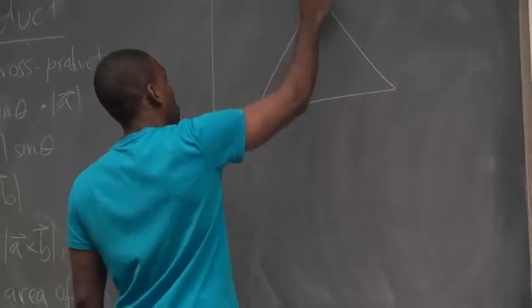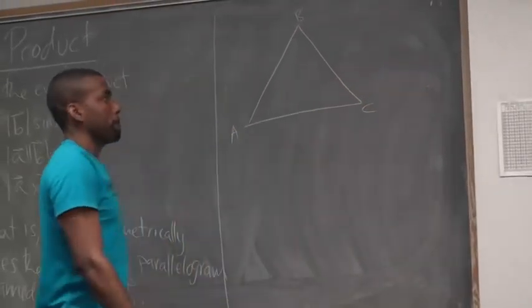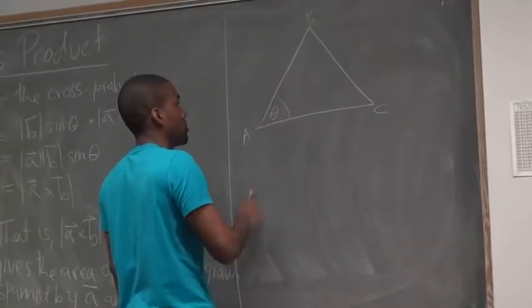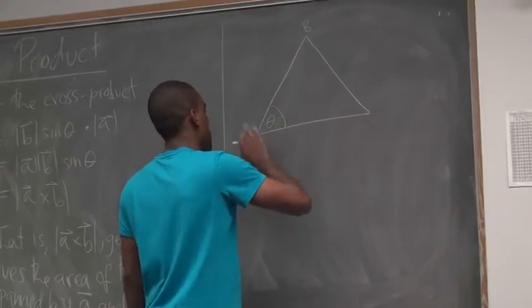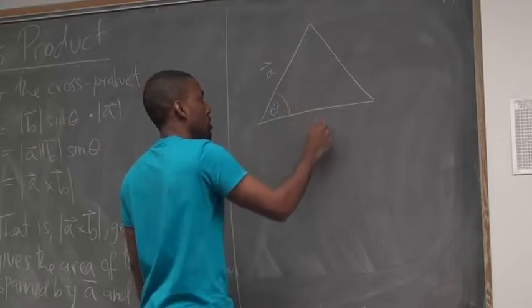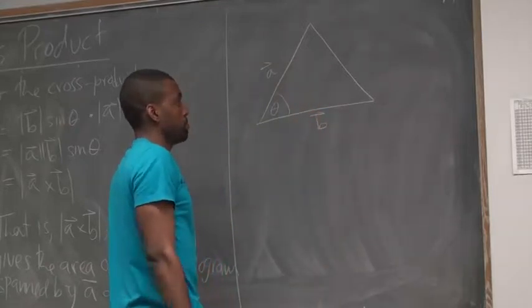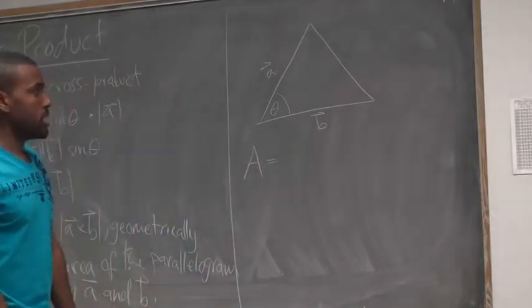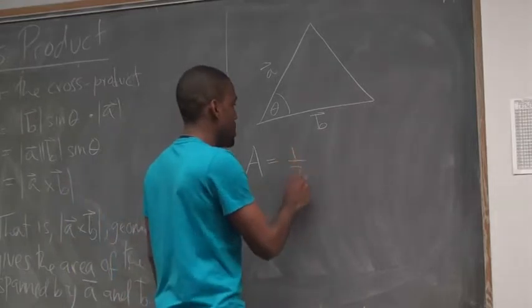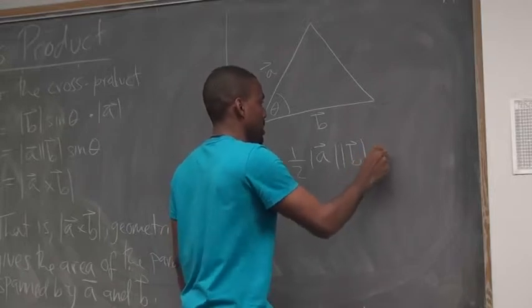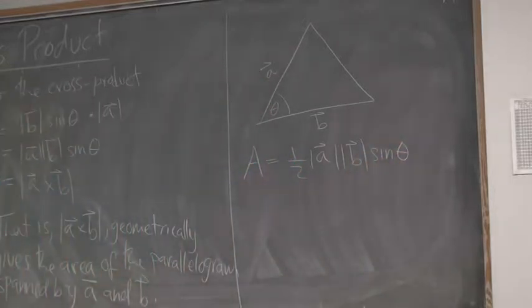Or if we have the area of a triangle, let's call this A, let's call that B, with angle theta. You guys remember there's a formula that says the area of a triangle is half AB sine theta? You remember that from geometry class? Well, if you didn't, you could actually use this, right? Just think of the triangle as being a parallelogram cut in half.